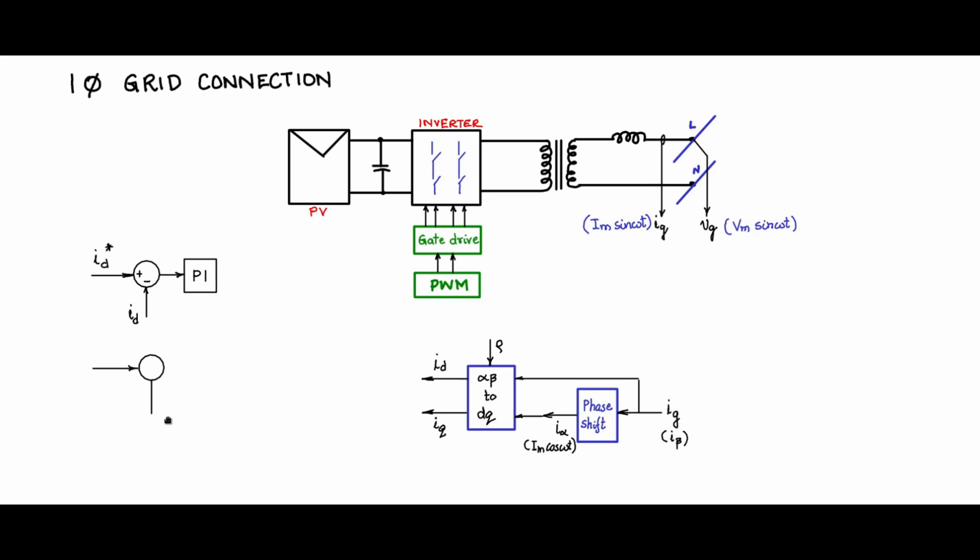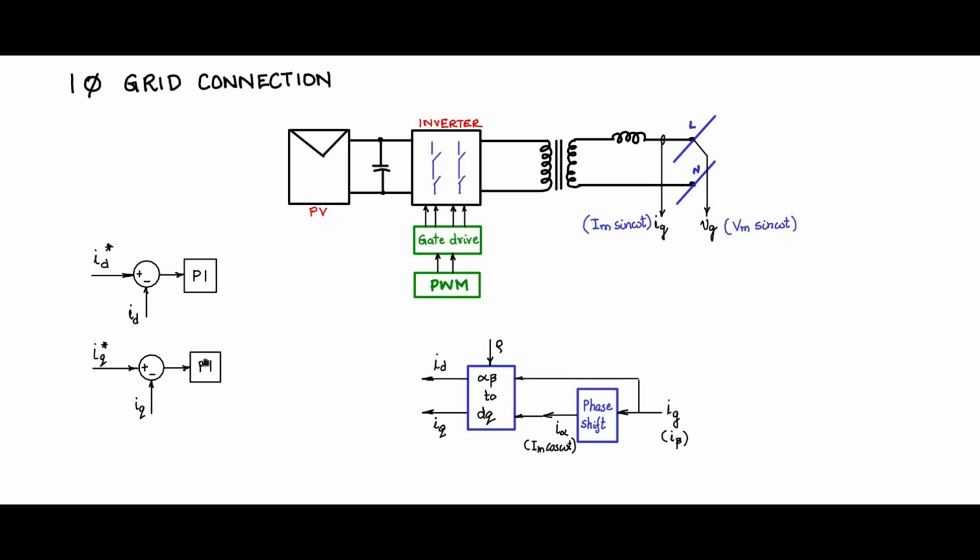Similarly, I will have another control mechanism for IQ star. IQ is fed back, and I will have a PI controller. So we'll see what we have to set for ID star and IQ star. ID is basically this transformed current which is given here. IQ is this transformed current which is given here, coming ultimately from an input measurement.